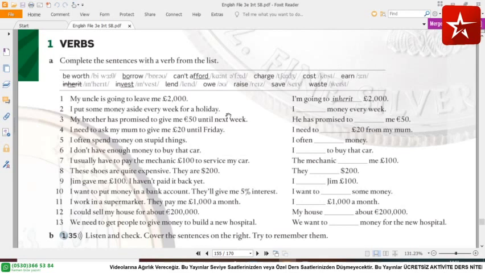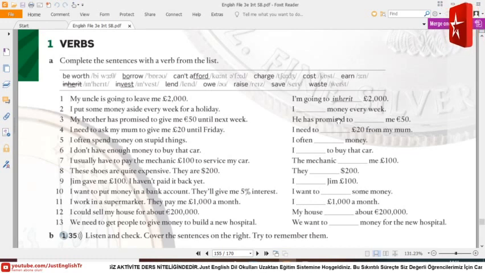So, in order to buy plane tickets, to pay for the hotel reservations and foods, drinks, and for other activities, I put some money aside every week for a holiday. I should choose one of them. Which one do you think? I'm waiting for your answers.